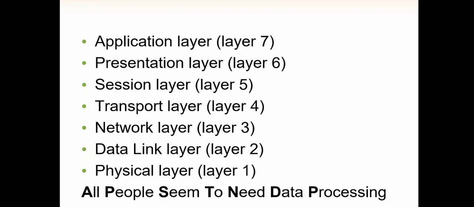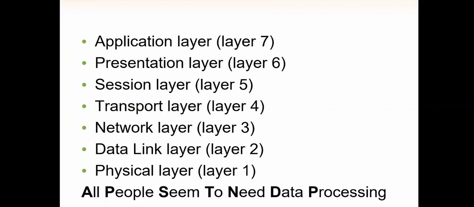Should there be a problem, then when it does the error correction, it will retransmit. That's the transport layer. Then we also talked about the network layer, where we say that it is the network layer that will provide us logical addressing to say that machine A has this address, machine B has this address, machine C has that address.